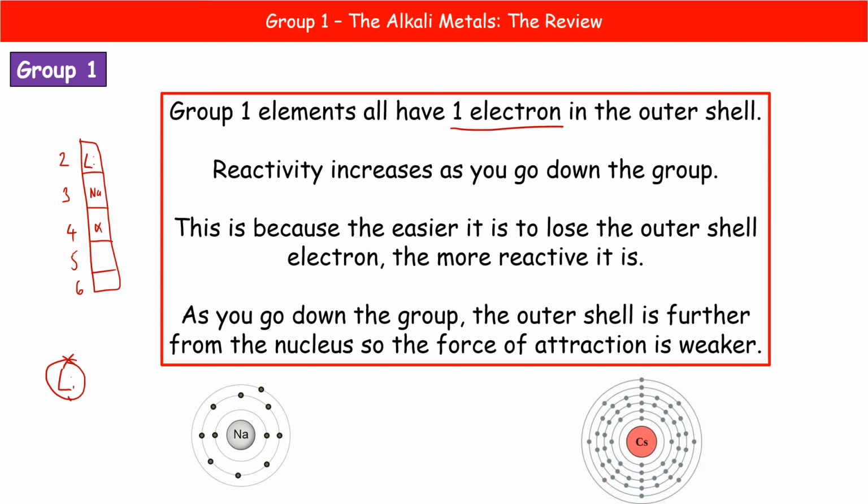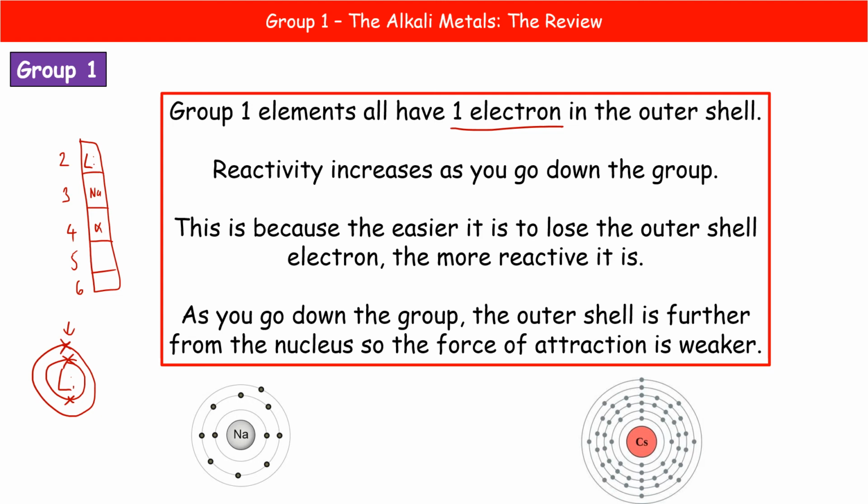It's got 3 electrons, so if we draw it, there it is. So 2 electron shells. Whereas by the time we're down at potassium there, it's in the 4th period, it has 4 shells. Each time, this outer shell electron is getting further from the nucleus.